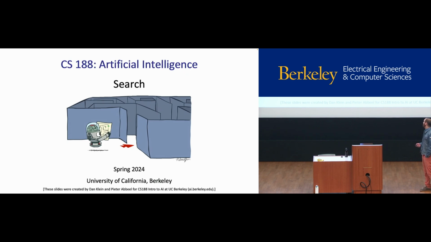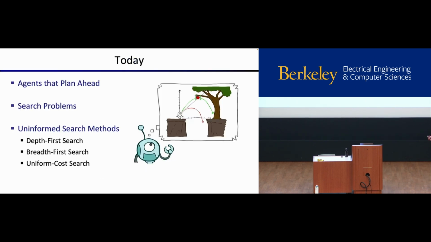And so what we're going to be talking about today is the most pared down, simplified version of how to search for solutions. So today, we're going to be talking about agents that plan ahead. We're going to talk about what a search problem is. And then we're going to discuss a few uninformed search methods. And we'll talk a little bit about what uninformed means.